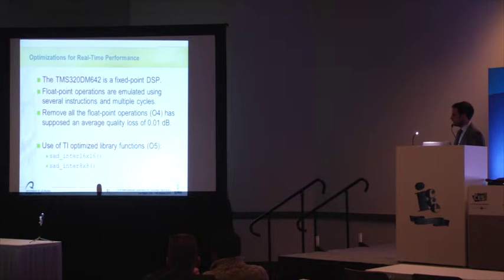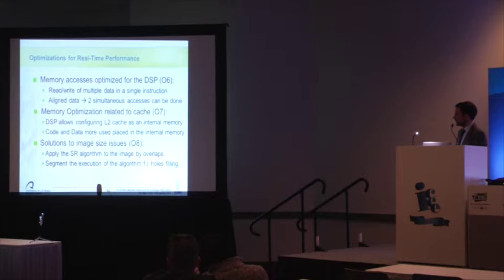We also use Texas Instrument optimized library functions in the next iteration, and then we used some other optimizations based on memory optimization, based on this very long instruction word capability of the DSP. We also use the level 2 cache as an internal memory to make the algorithm faster, and we solve some issues related to the image size, applying overlaps in the image.